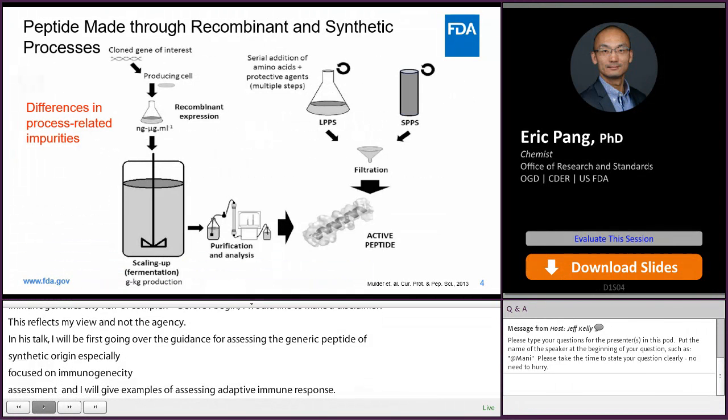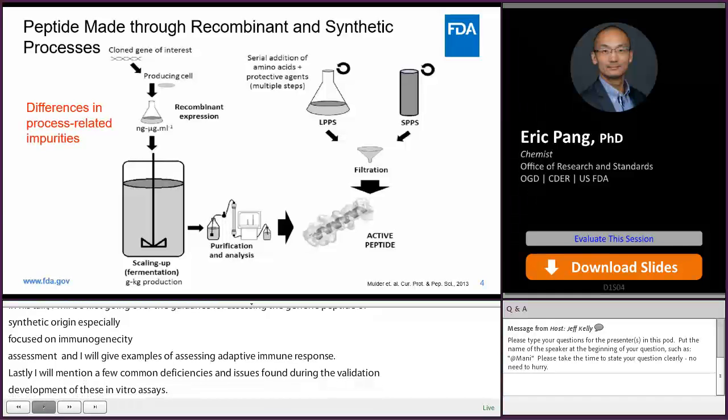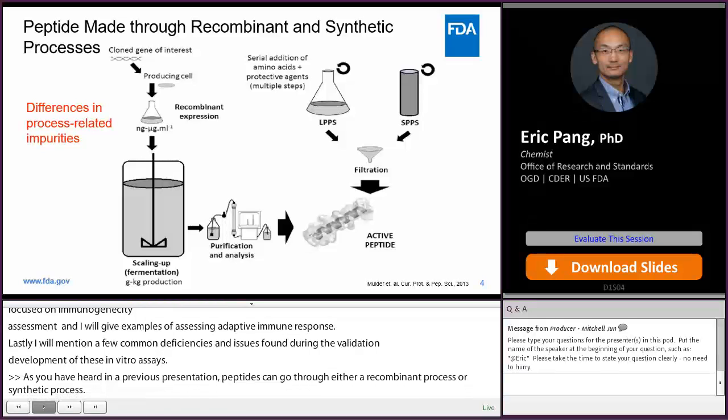As you have heard in the previous presentation, peptides can be made through either a recombinant process on the left or a synthetic process as depicted on the right. In the recombinant process, some of the process-related impurities such as whole cell proteins can be introduced into the drug substance. Similarly with the synthetic process, some process-related impurities can also be introduced.